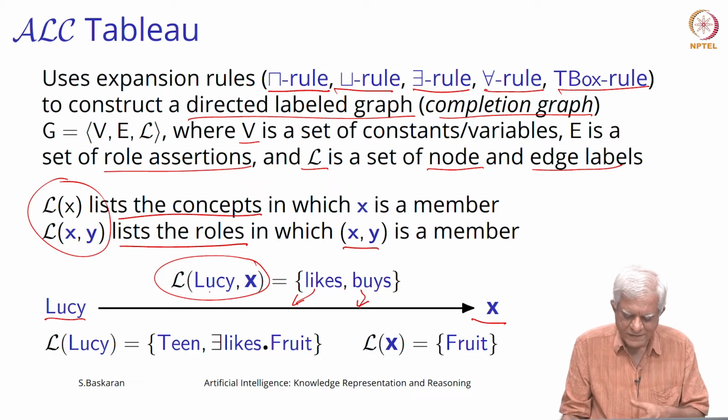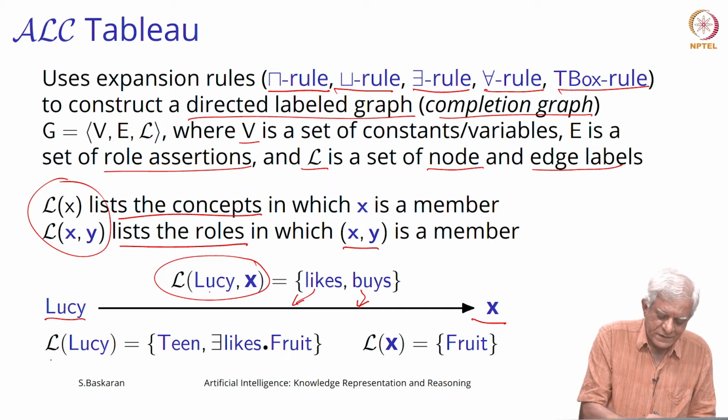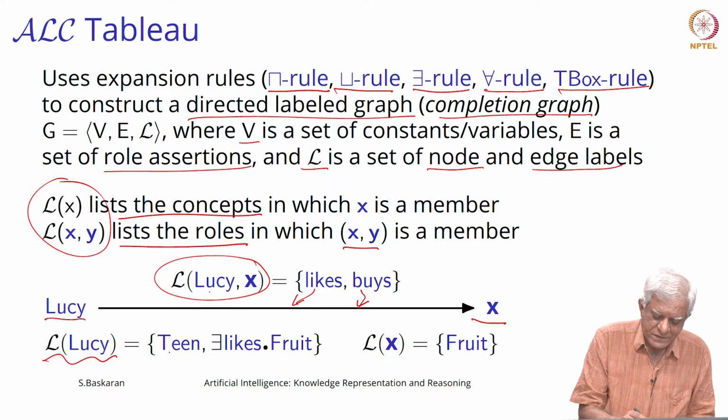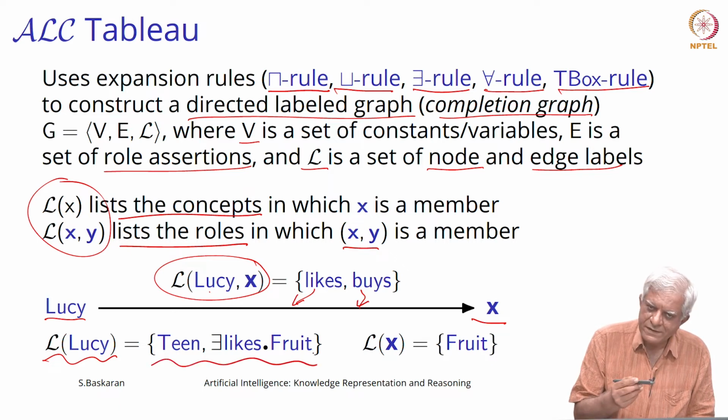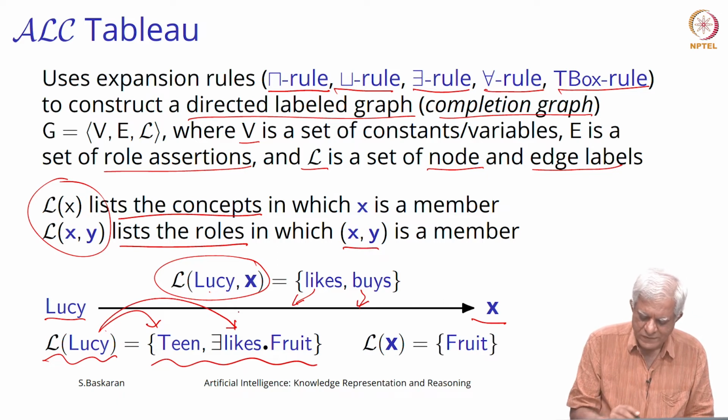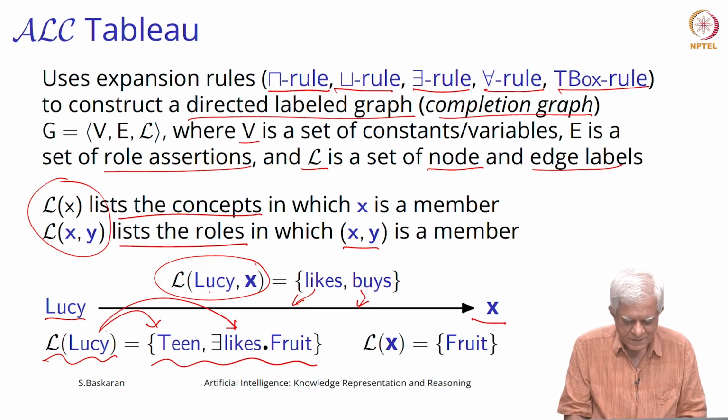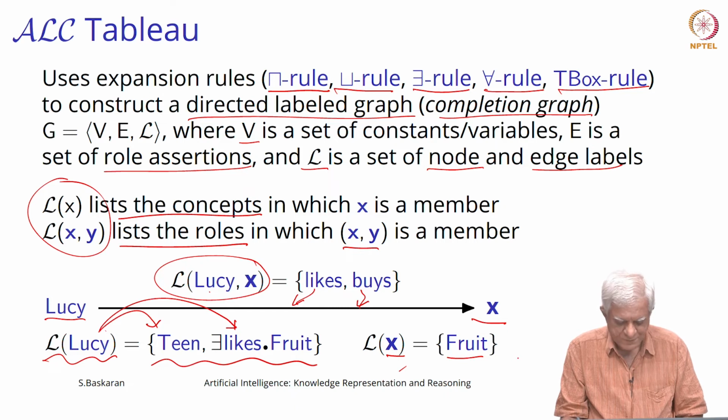So, Lucy likes X, Lucy buys X. The label set for an individual are the concepts that the individual belongs to. So, in this case Lucy is a teen, and also Lucy is someone who likes fruit essentially, and X could stand for fruit, for example.